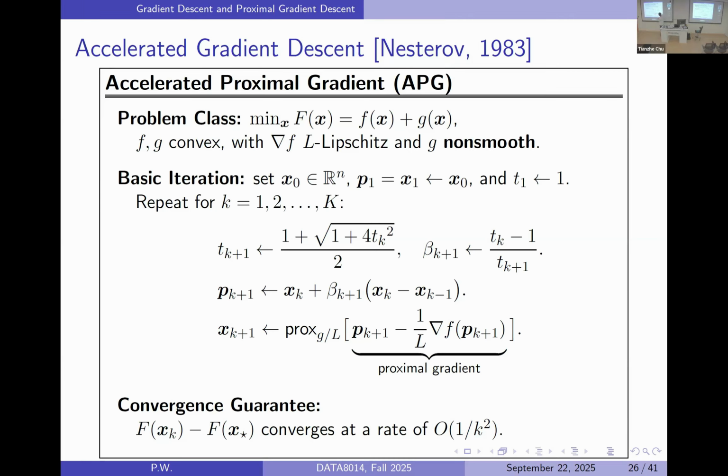You carefully choose the set of parameters and update like this. This is the accelerated proximal gradient descent, and it has been shown in the literature that the function value gap converges at a rate of 1 over k squared.